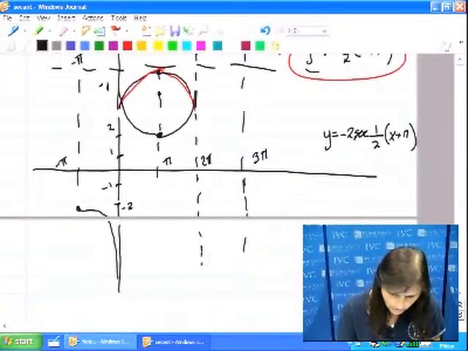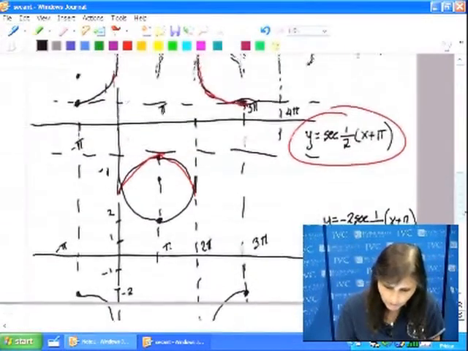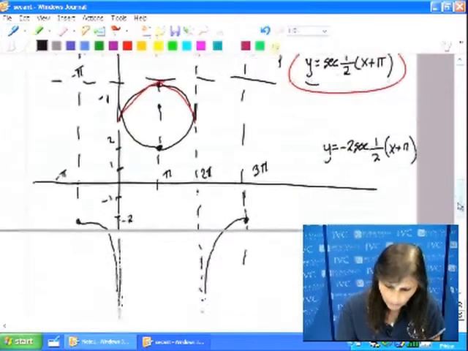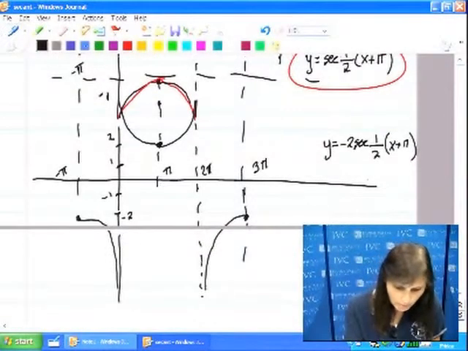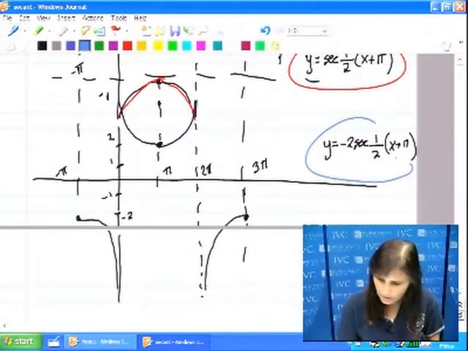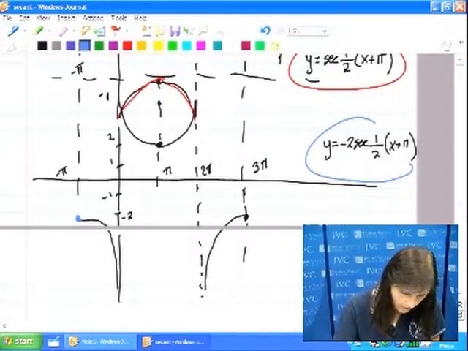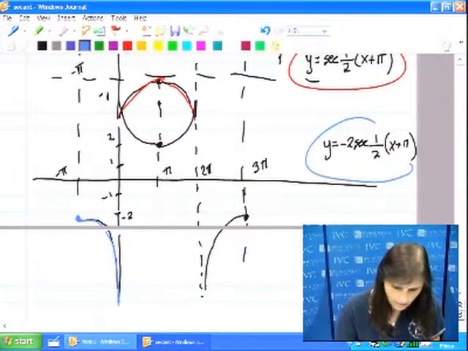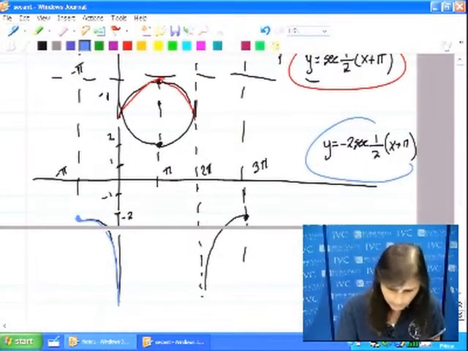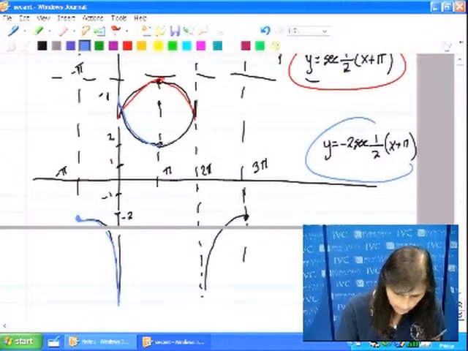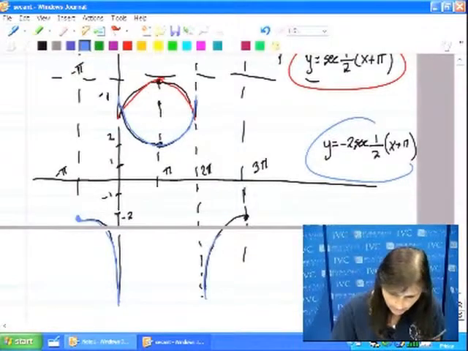It's hard to do this. It's going to end up at -2. It used to be at 1, now it moved to -2. Let's do this in blue. It's going to be here, down, and up, and then down here.